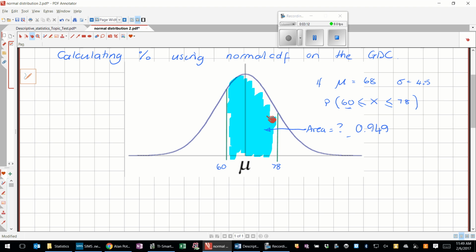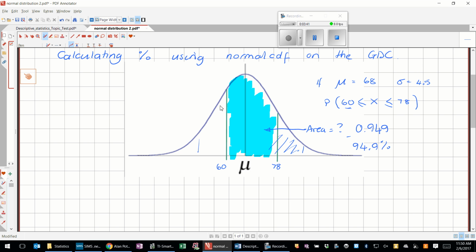So I've got 0.949 on the calculator, but as a probability I would be stating 95%, or 94.9%, so 3 significant figures that we were normally asked for. That would suggest actually that my lines are in completely the wrong place, because if it's 95% they're going to be more over here and the shading is going to be much wider.